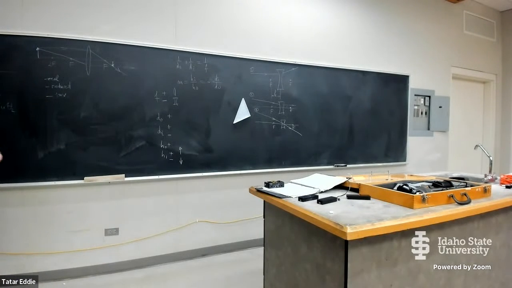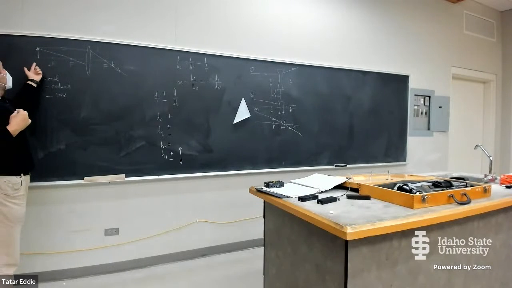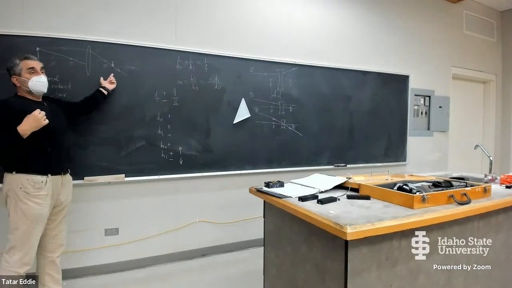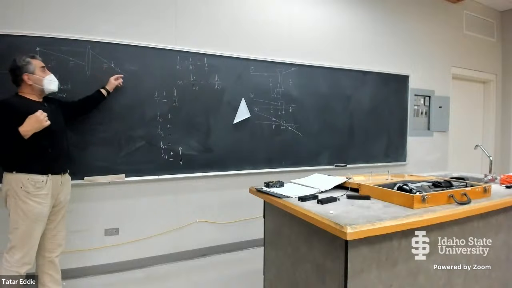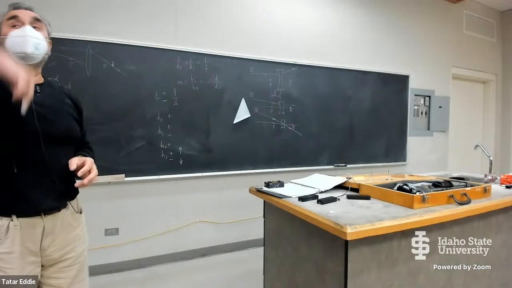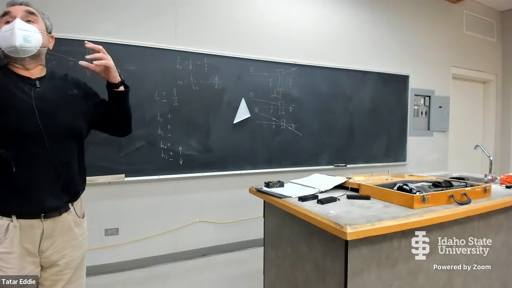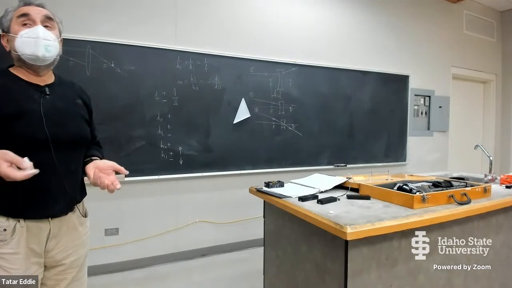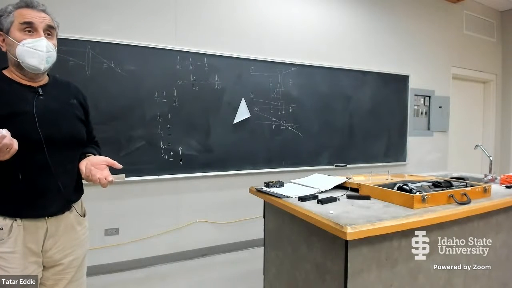Now, I was still talking about converging lenses and the human eye. Notice that the converging lens of our eye is creating an image that is inverted. So we're seeing the world upside down.